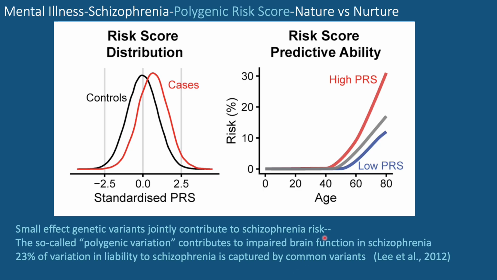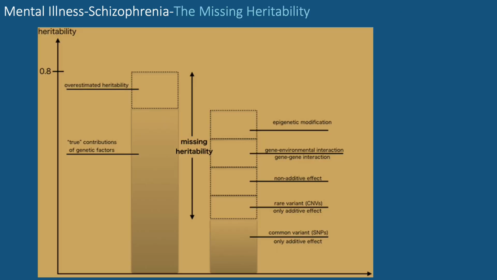So the common variants that altogether constitute the polygenic risk score explain 23% of the risk in developing schizophrenia. Schizophrenia is a complex disease, and we see that the common variants explain 23% of the risk.